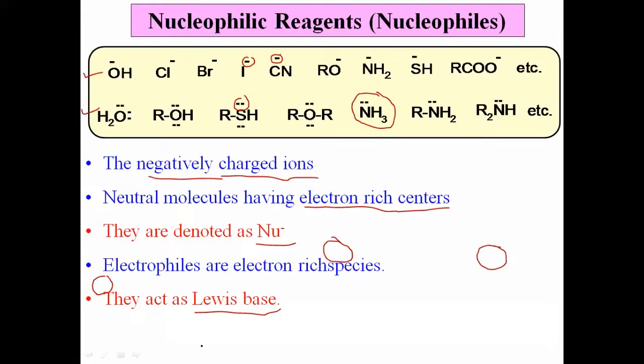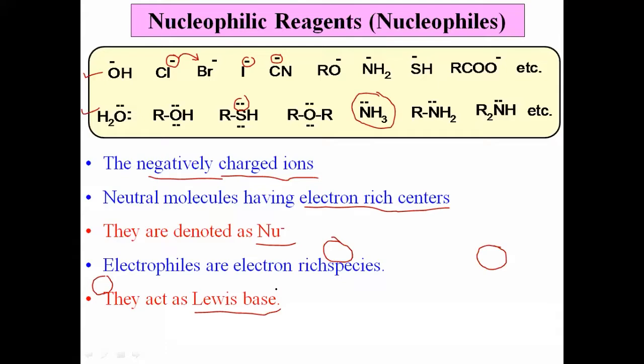Similarly, ions like OH minus, Cl minus have a lone electron pair in the negative charge, and can donate this electron pair to another substance. Therefore Cl minus, Br minus, negatively charged ions, also act as a Lewis base. Thus nucleophilic reagents have a tendency to donate their electron pair to another substance, and therefore they act as a Lewis base.